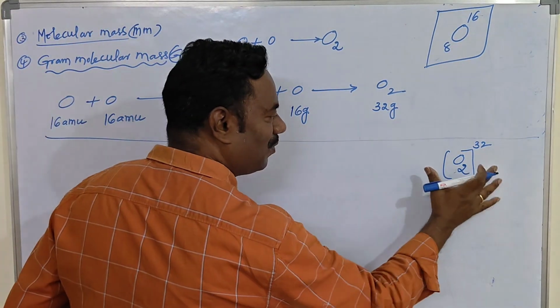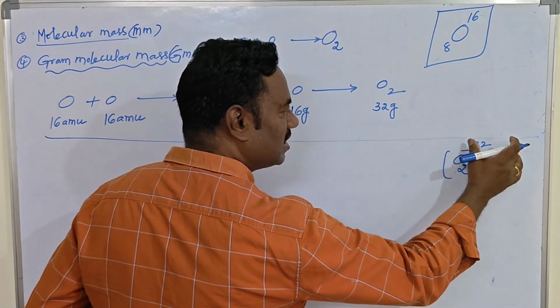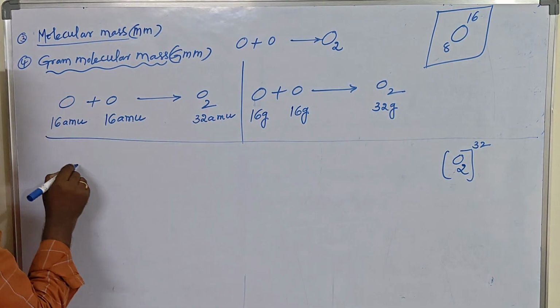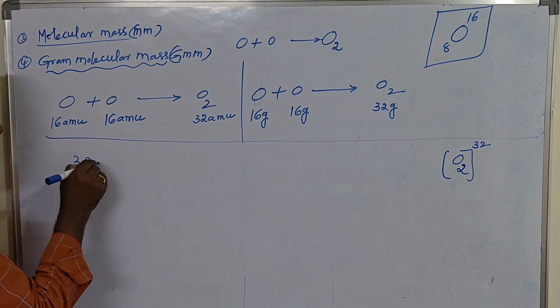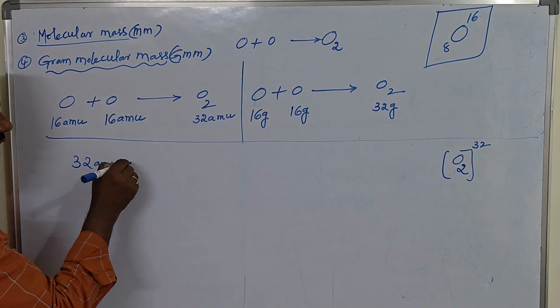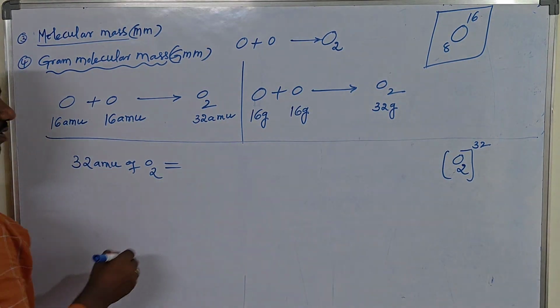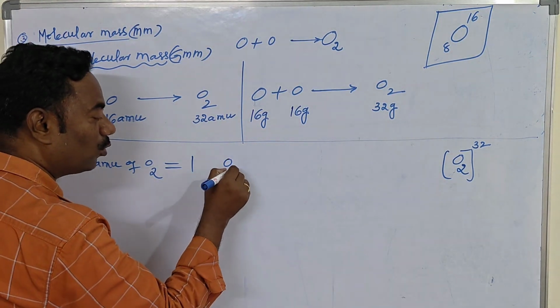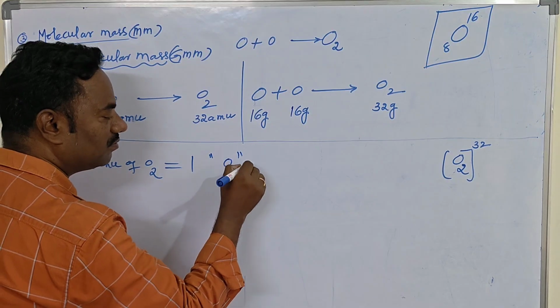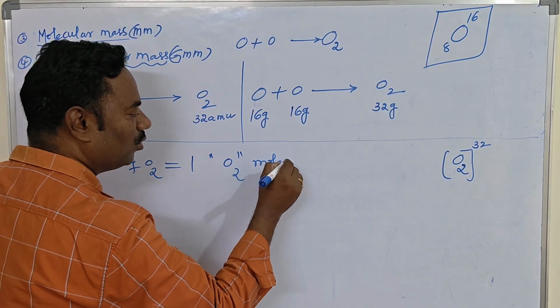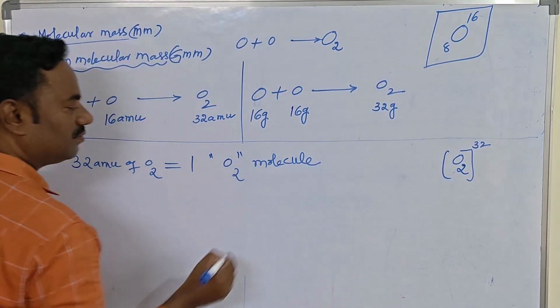It is related to molecule. 32 AMU of O2 contains one O2 molecule.